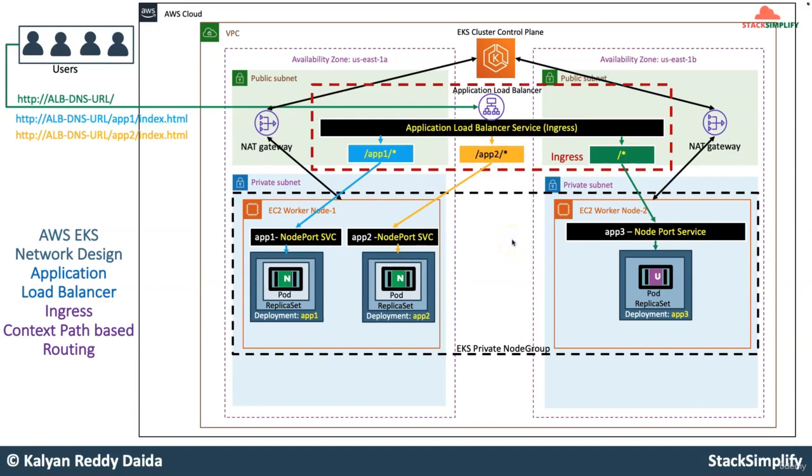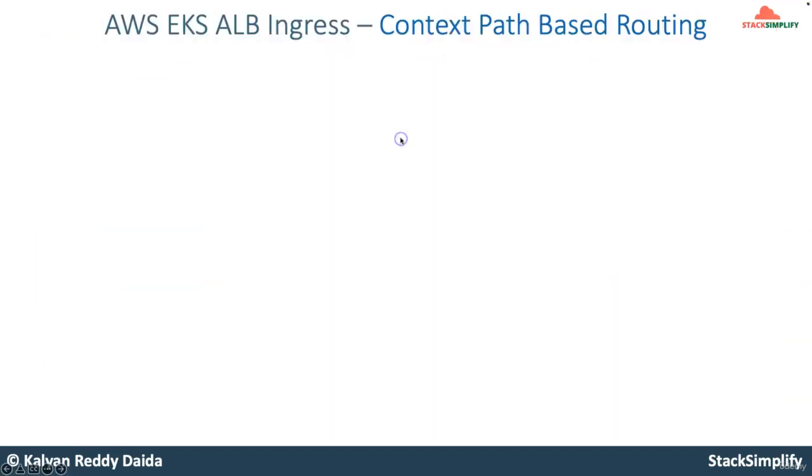So far we have seen the network design for ingress context path based routing using the AWS resources. You can see the EKS cluster control plane, public subnets, private subnets, worker nodes, all these things. Let's also see the same architecture in a different way using the Kubernetes objects, how it is going to work inside the Kubernetes cluster.